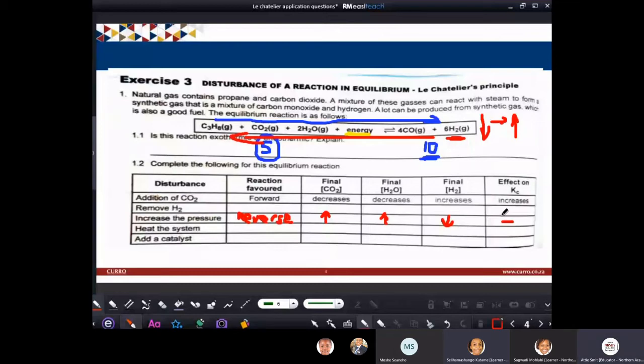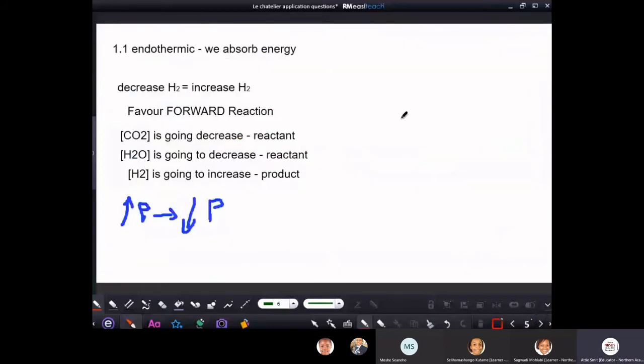All right. So now the next one, we heat the system. We said in the beginning, this is an endothermic reaction. So let's go to our page. If we increase our temperature, what does the reaction want to do? It wants to decrease the temperature. Now, if I increase temperature, which reaction do I favor?